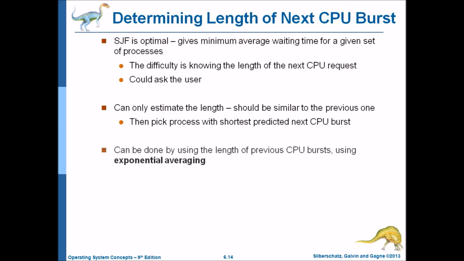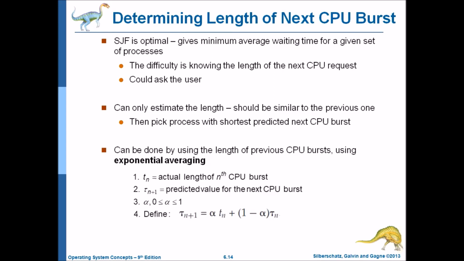So a more practical approach is to predict the length of the next CPU burst based on some historical measurement of recent burst times for this process. One simple and relatively accurate method is to use the exponential average.